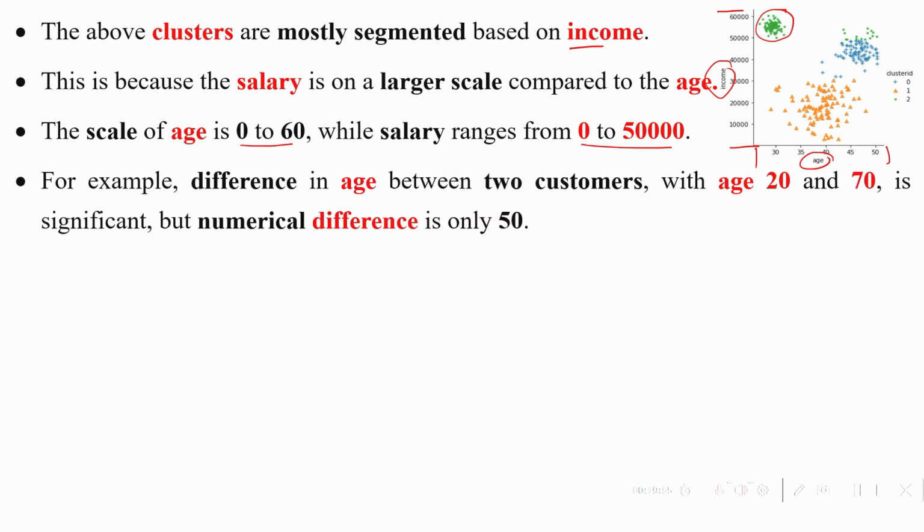For example, the difference in age between two customers aged 20 and 70 is significant, but the numerical difference is only 50. According to the real-world meaning the difference is very high, but numerically it is a very small value.